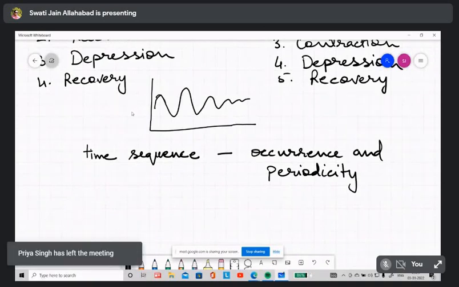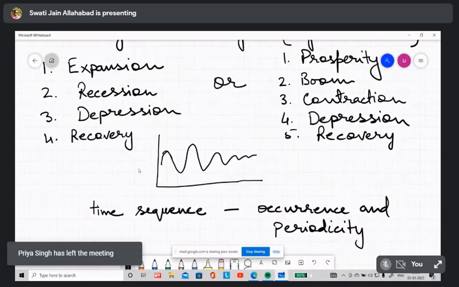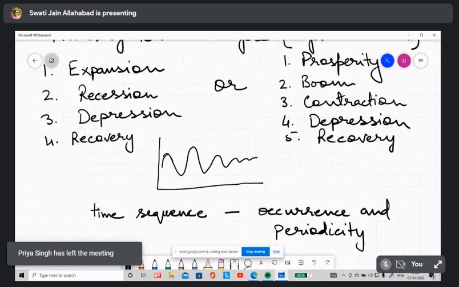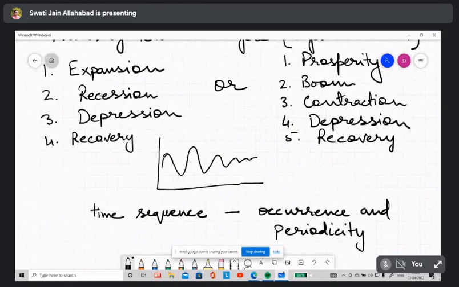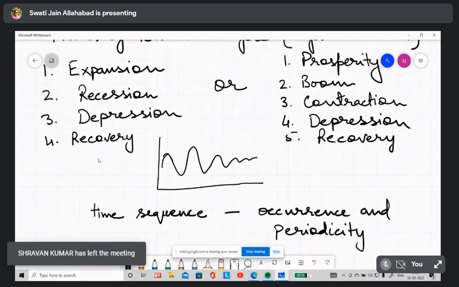It is not always necessary that the economy moves step by step through all these phases. Maybe immediately after expansion there can be depression without a recession, or there can be expansion, a very small recession, and then immediate recovery.